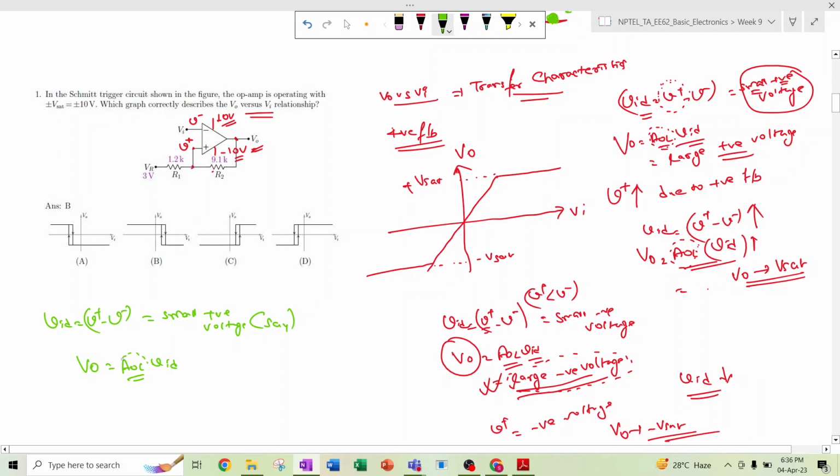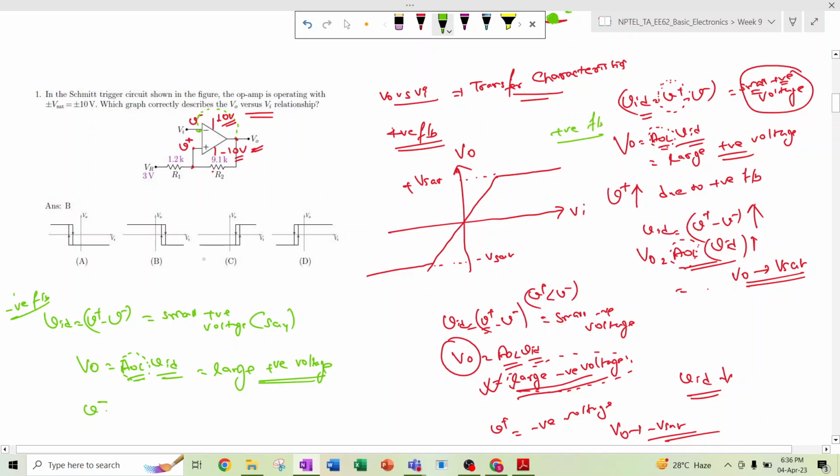This is a huge number AOL, multiplied with the positive voltage, and that makes VO a large positive voltage. A certain fraction of this large positive voltage is being fed to the negative terminal, because there is a connection from here to here. This is negative feedback, and this is positive feedback.